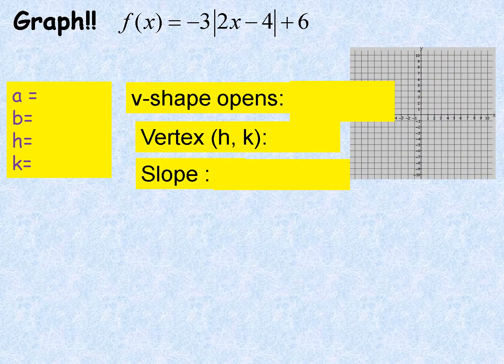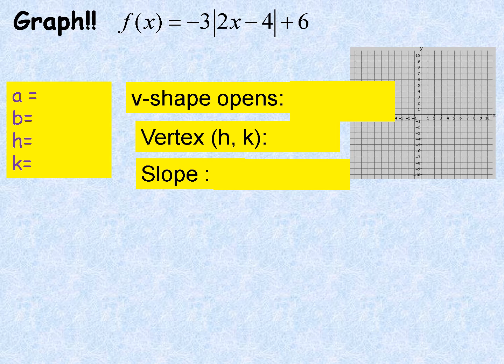Now let's look at a graph that actually has a B value. So before you do anything, before you talk about H, K, A, and B, if there is a number in front of x, you've got to factor that inside. You've got to pull that 2 out, kind of like a GCF, but not really.